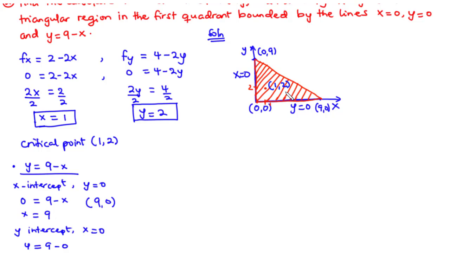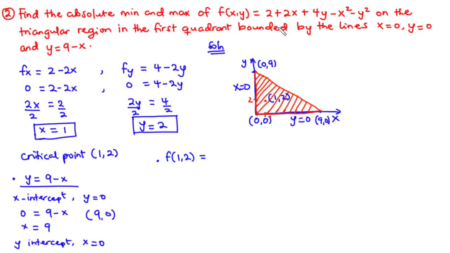Now since the critical point is found inside of this triangular region, we need to find the value of the function at the critical point. So we have f(1, 2) equal to, considering this function, we substitute x with 1 and y with 2.